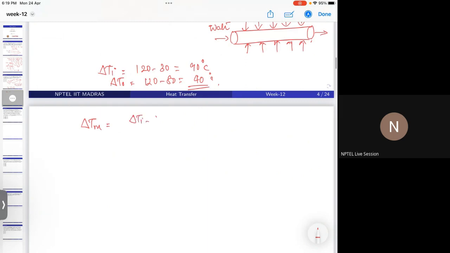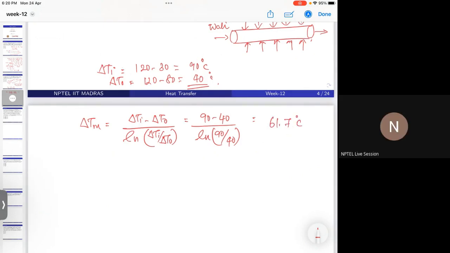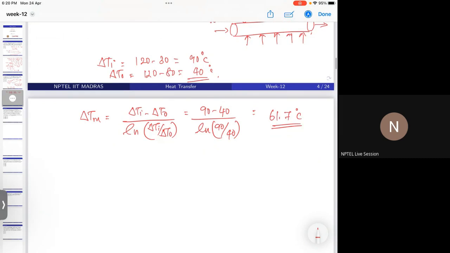Delta Ti minus delta To divided by ln delta Ti by delta To is equal to 90 minus 40 divided by ln 90 by 40. So what is this answer? What is the LMTD? 61.7 degrees Celsius.